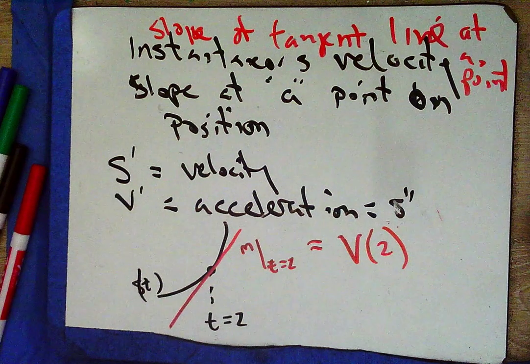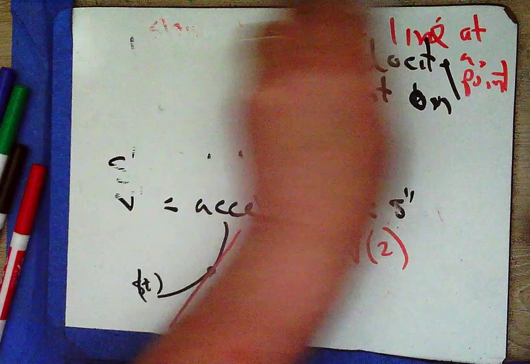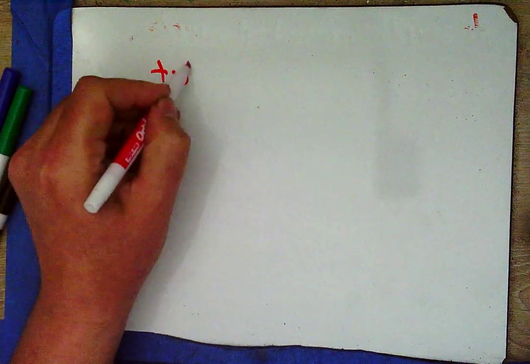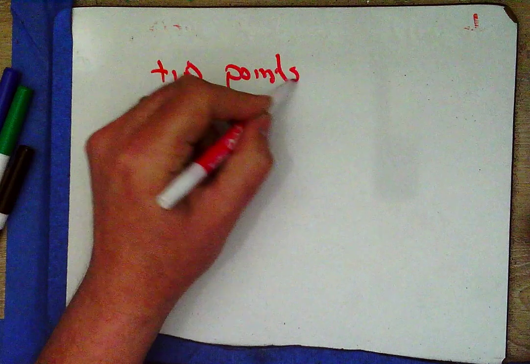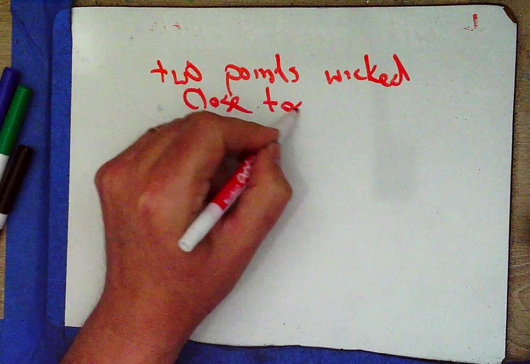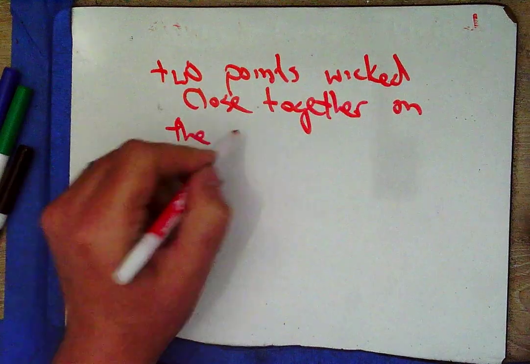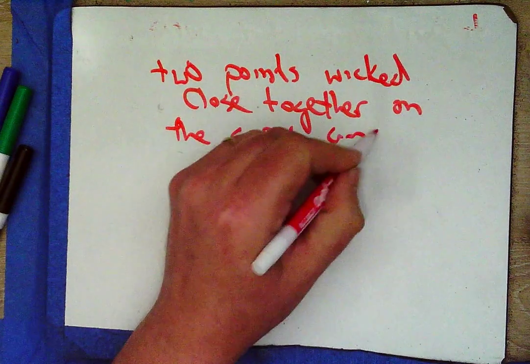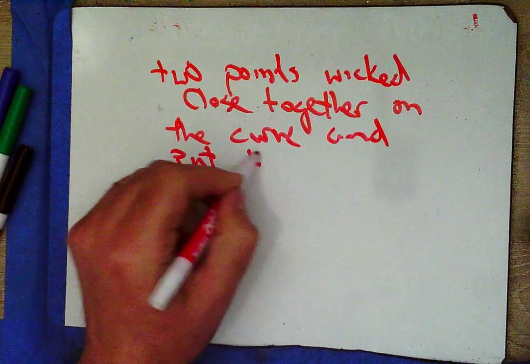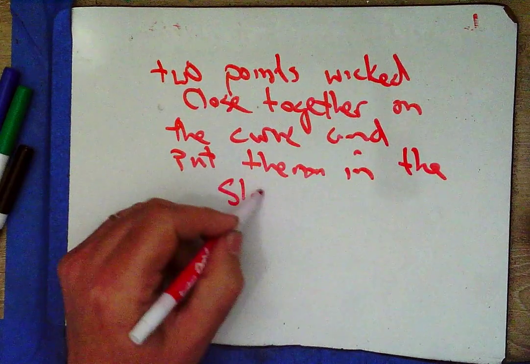Okay? Now, right now, what methods do we have for finding the slope at a point? Well, until today, the closest we could do was find 2 points wicked close together on the curve and put them in the slope formula.